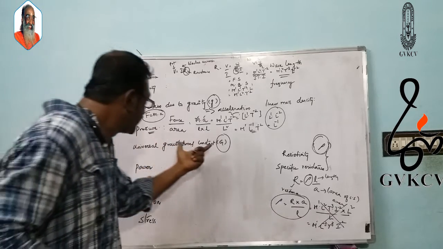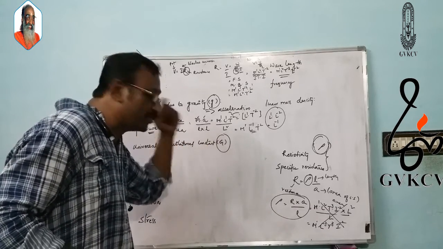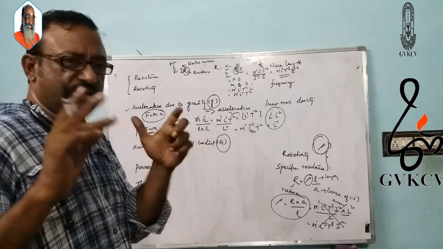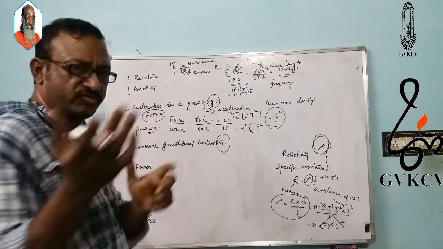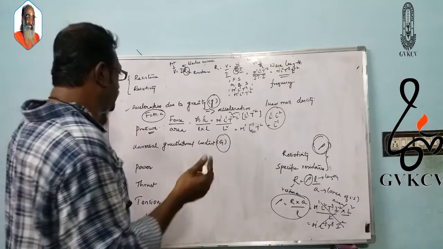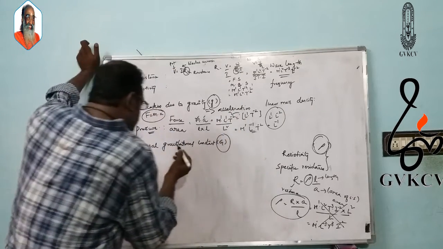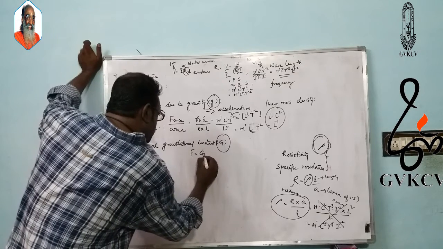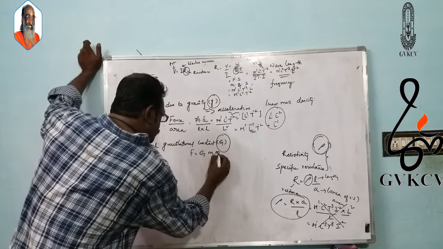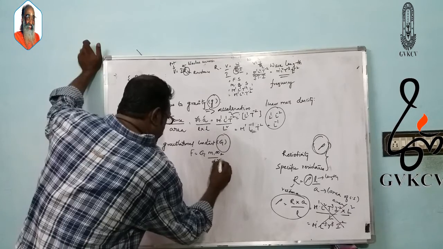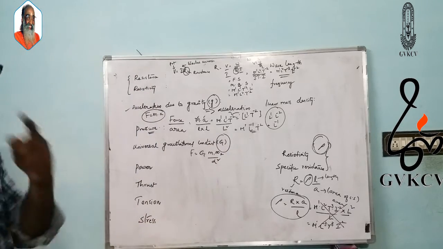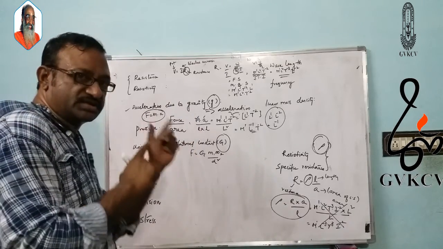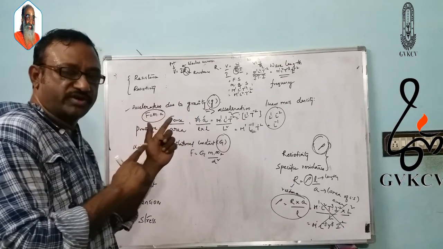From where can we get this? How can we write the dimensions for this? What makes it easier to write the dimensions for this? It is impossible to remember the dimensions for all the physical quantities, as I said. So it is by using F is equal to G m1 m2 by d square, the universal law of gravitation. I learned this earlier, in your 9th class.